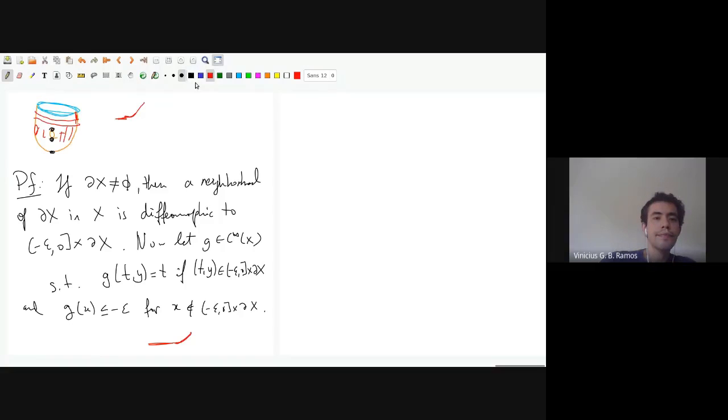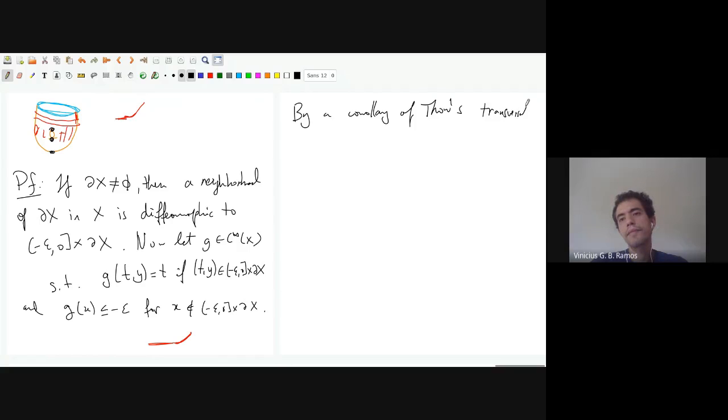And then now you apply that corollary, that relative version of Thom's transversality theorem. So by a corollary of Thom's transversality theorem, we can perturb G to a Morse function.